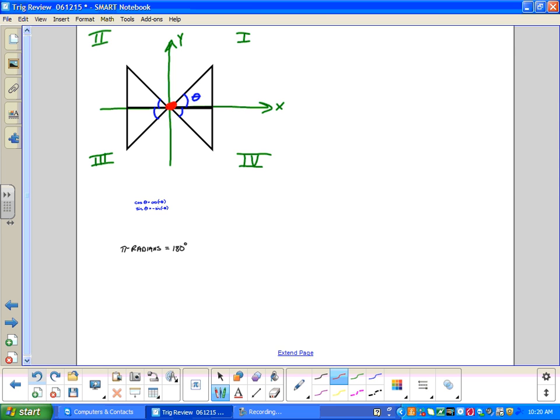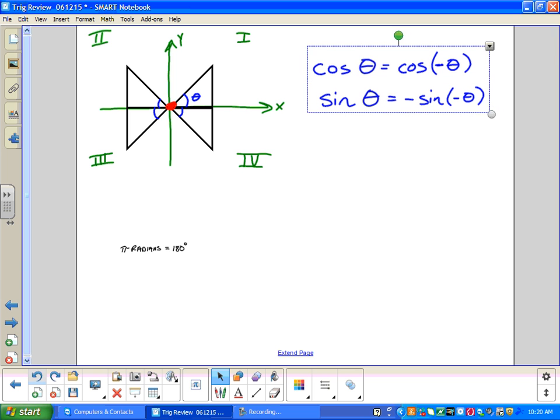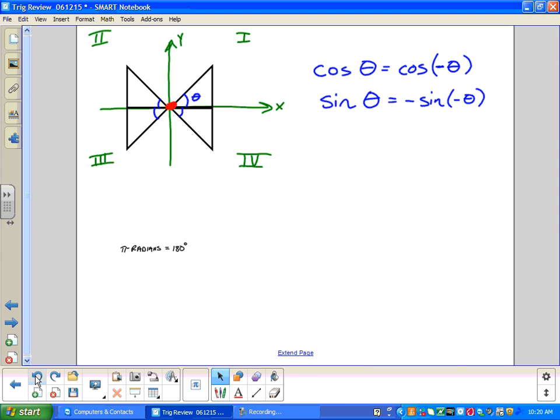All right? We have to have a couple other identities to make things go quickly. I don't memorize them. I draw the figure there and visually make sure I understand them. Recall that if I look in quadrant 1, the cosine of this triangle is obviously positive. And if you look at the cosine of this triangle, it is also positive. Now the sine is negative in quadrant 4, but the cosine is positive.